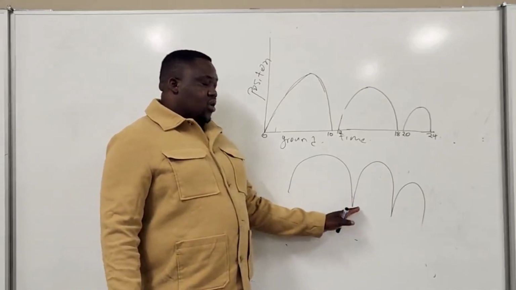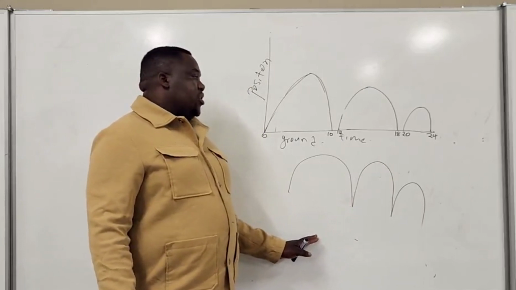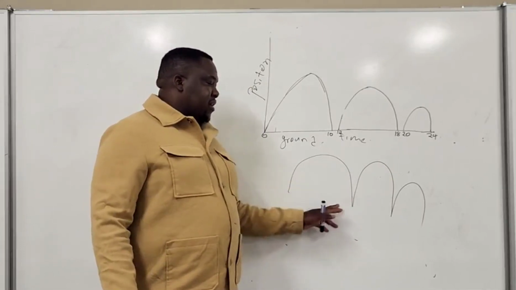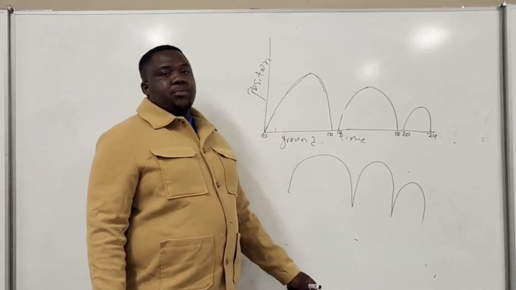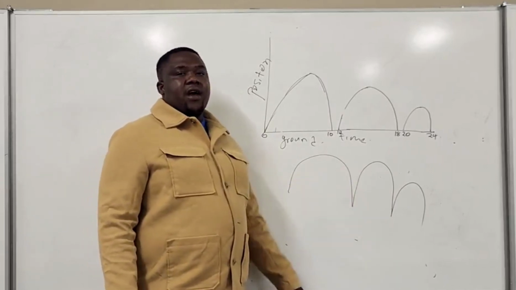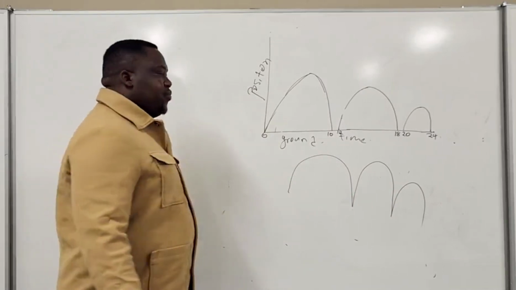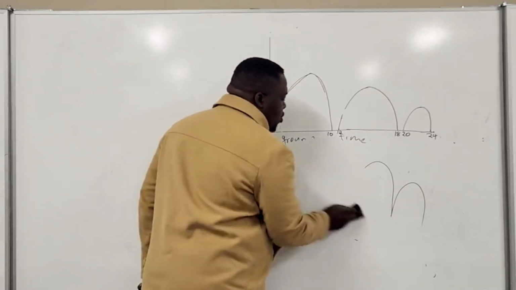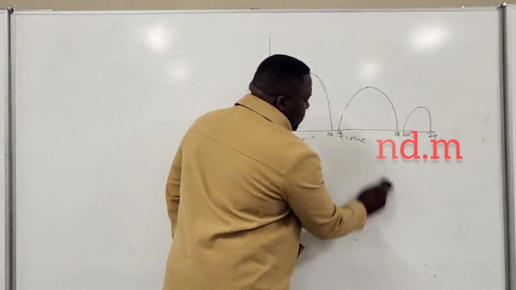So if there is no contact time, it means these graphs do not have space in between. I've already demonstrated to you how you must write your graph if there is no contact time. Okay.